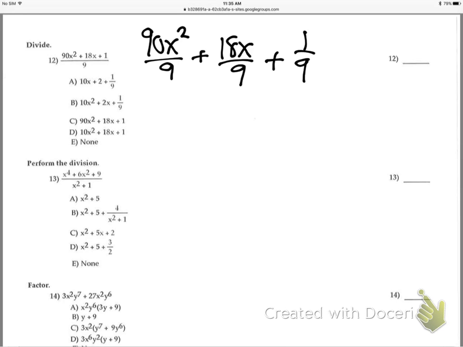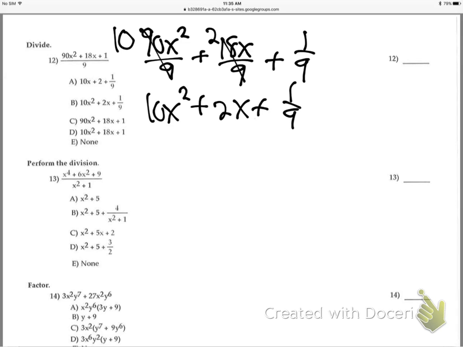It's just like something in the front multiplies all 3, so something underneath divides all 3. It's like distribution for dividing. So then just do 3 separate divisions. 9 goes into 90 10 times. 9 goes into 18 2 times, and the other one just stays 1/9. Is it B? There it is. Good? Are we happy?